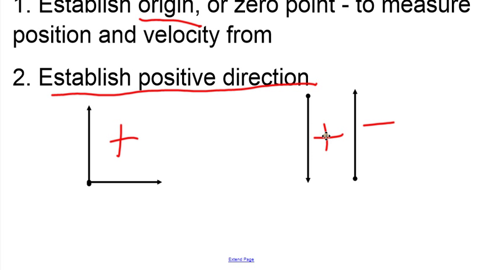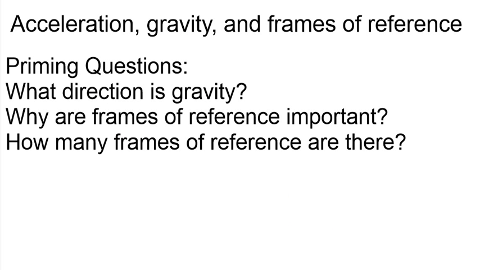So if we had set this as our frame of reference, rather than saying negative 2.9 meters, which would actually be up, we would want to say 2.9 meters up. So we have our magnitude and we have our direction separate. This is going to be a lot easier to understand and easier to work with, especially when you're working with multiple people. And here are your priming questions again.